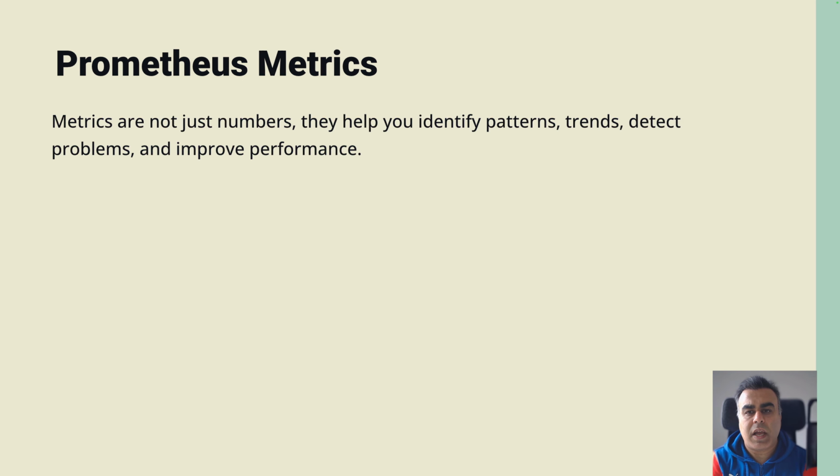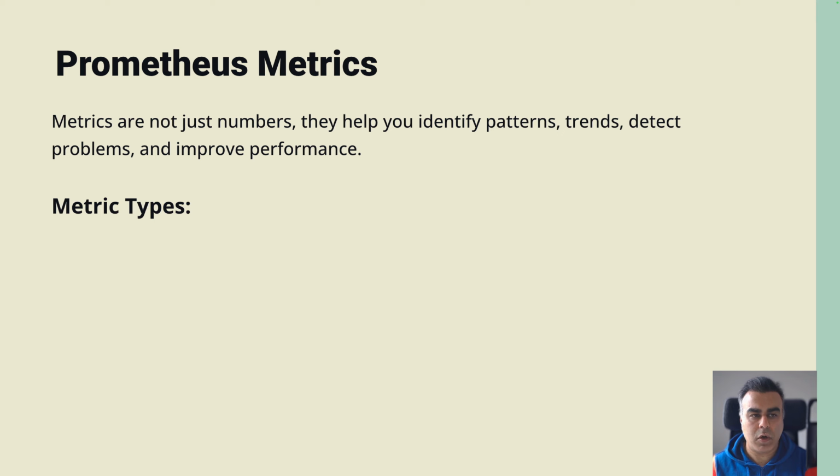Prometheus has various types of metrics, because as we mentioned, metrics are nothing but numbers. So we can identify patterns and trends by the metrics, but there are some metric types that are presented by Prometheus.